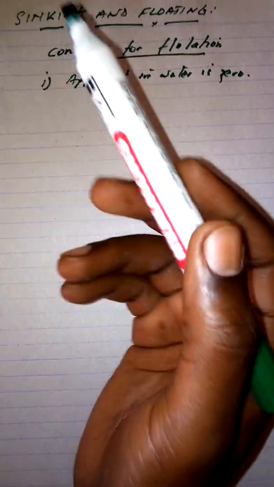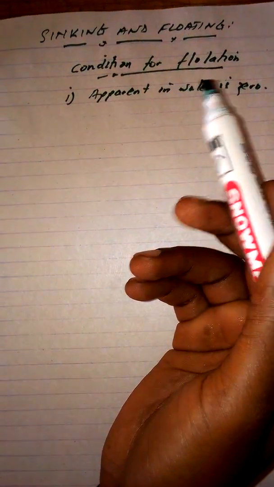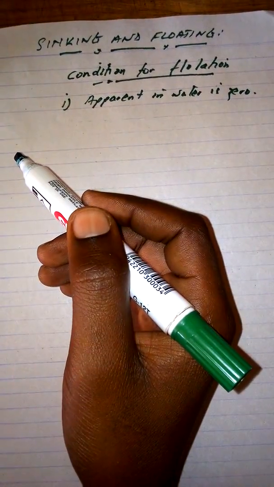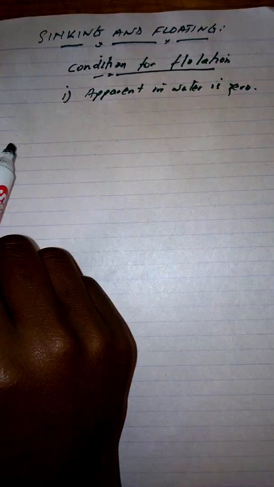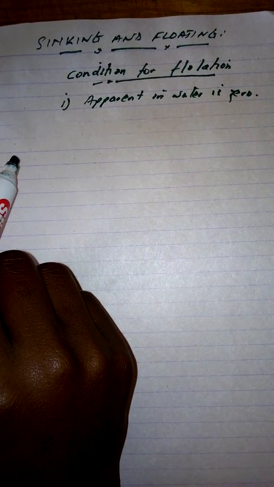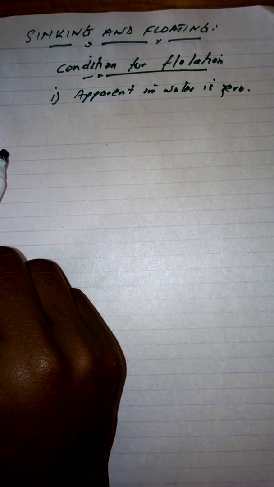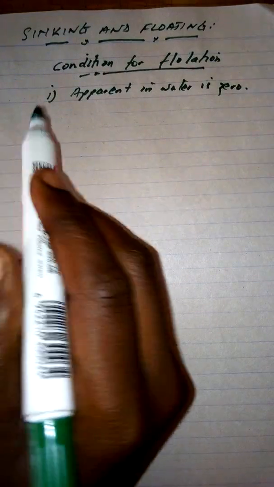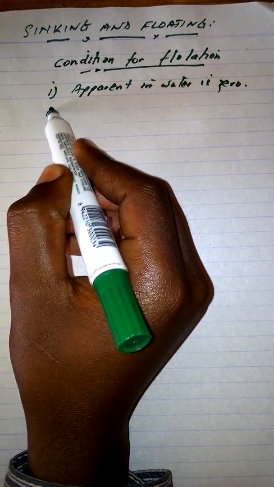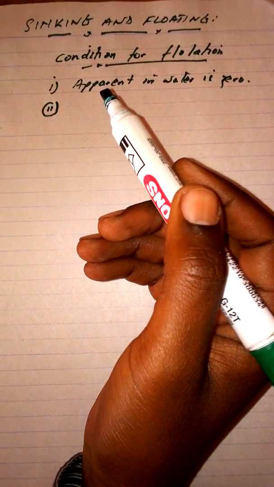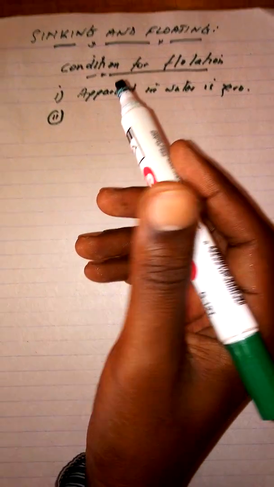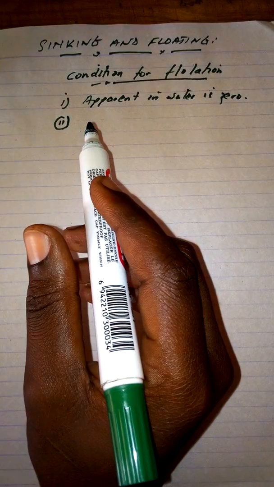Its weight is basically zero when it is above the water surface. There is no weight in water. That's why it is just above the water surface. All right? That is the first condition. The second condition for the body to float is that the object normally has very low density.